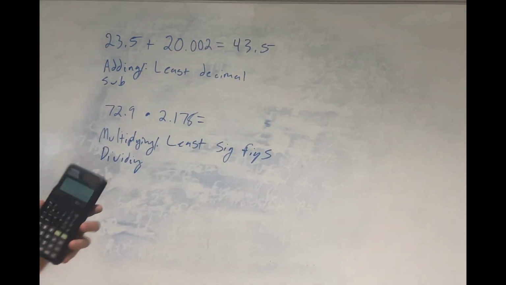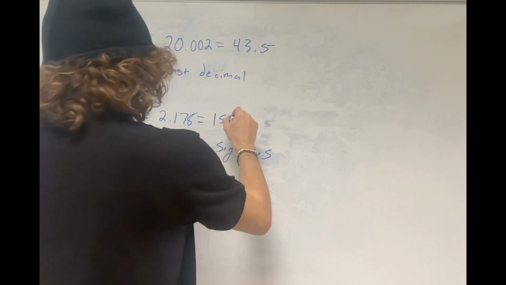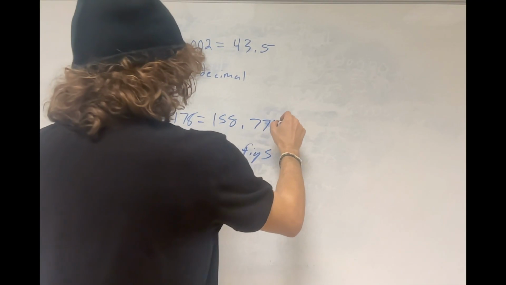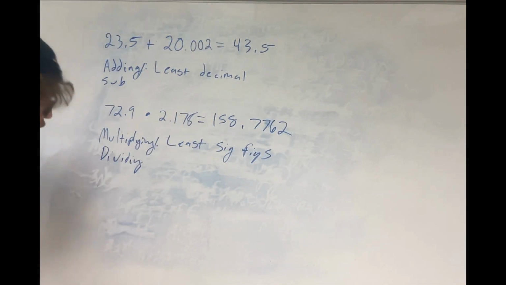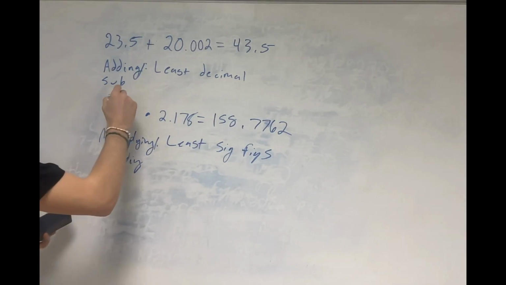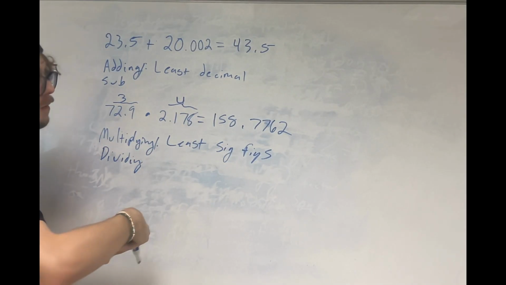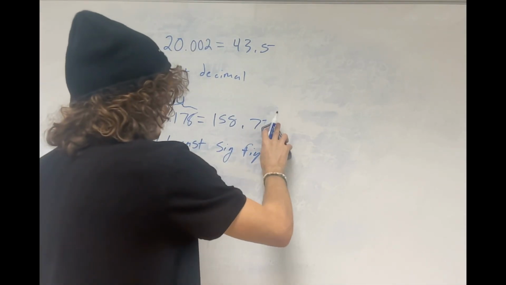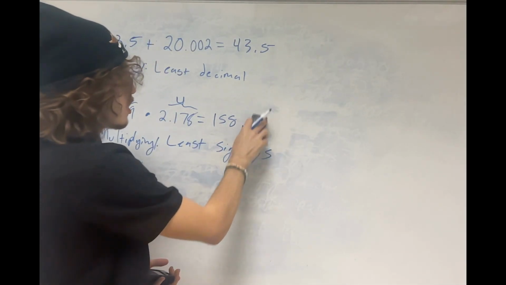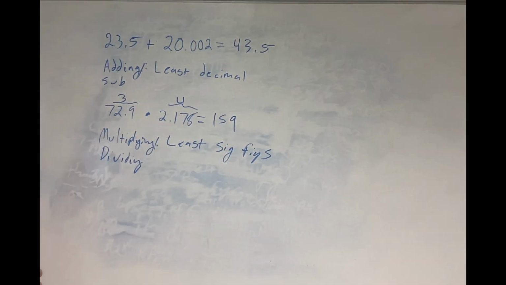And when I get that, I get 158.7762. But how do I round this? Well, I'm going to go with the least number of sig figs, which this one has 3 sig figs, where this one has 4. So I'm going to round it to 3 sig figs, right? 5 and above, give it a shove. We're going to call that 159, okay?